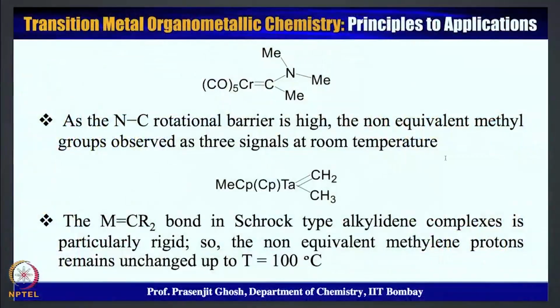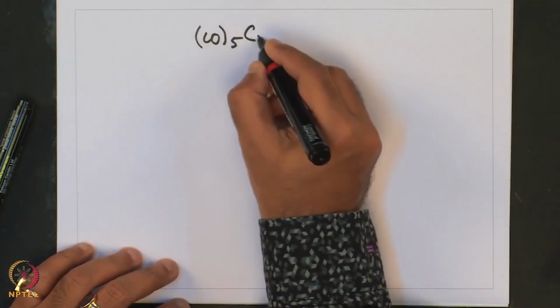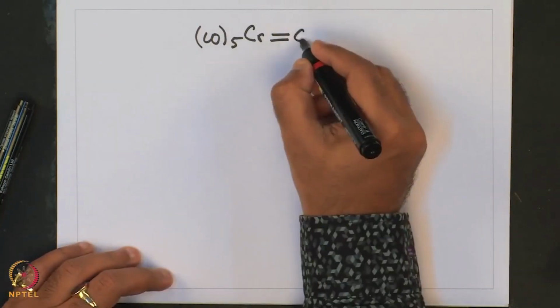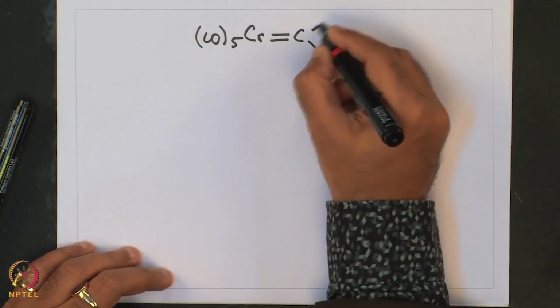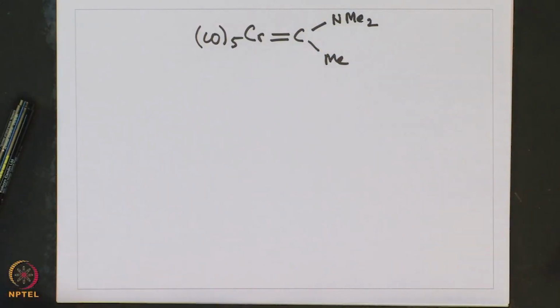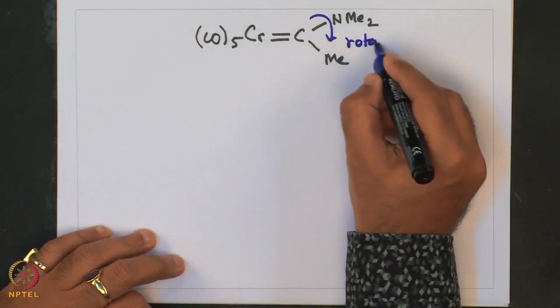For example, in the nitrogen analog or variant of this Fischer carbene complex, particularly where the rotation is not very fast. For example, in this compound, pentacarbonyl chromium methyl with NMe2, this rotational barrier is high, and the rotation is very slow.